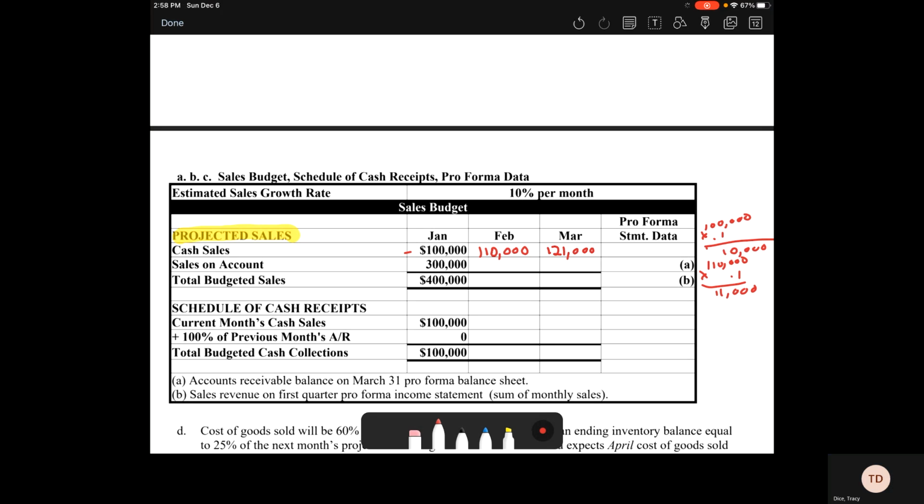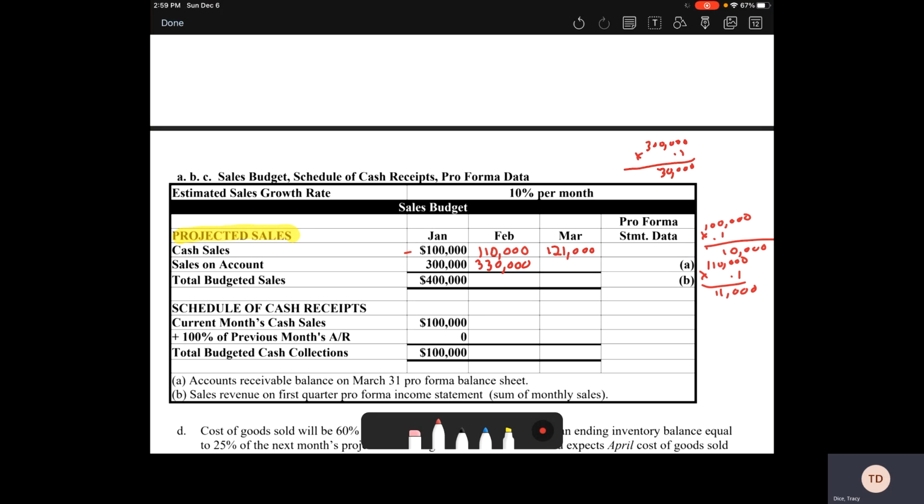Now we have to do the exact same thing for our sales on account. So I'll move that up to the top, and we get 300,000 times 0.1, which you should find to be 30,000. So my sales on account in February are going to be 330,000.